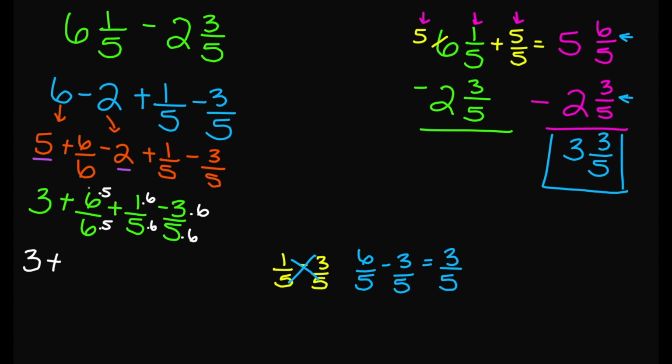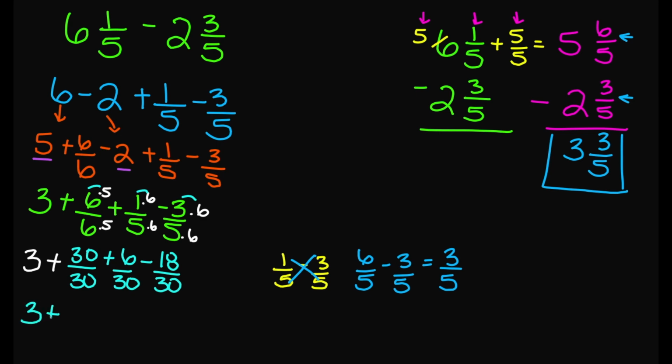So then here we have 6 times 5. This is going to be 30. That's going to be over 30. Here you have 1 times 6. That's going to be 6 over 30. Here you also have 3 times 6. That's going to be 18 over 30. Now I'm going to combine all of my fractions here because my denominators are the same.